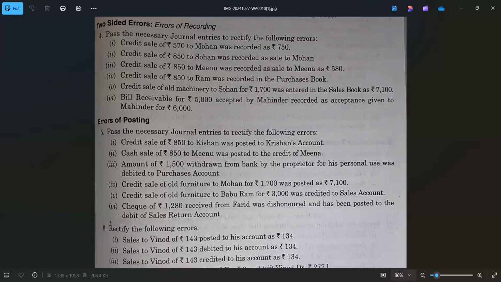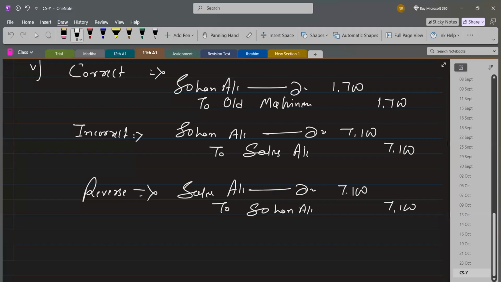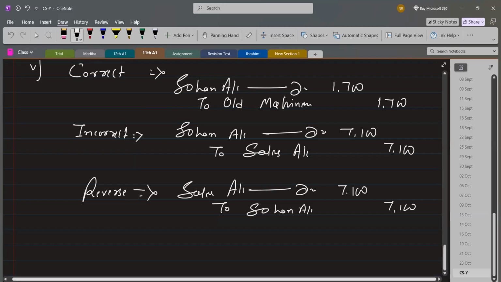Yes. Madhya, you tell me. Sohan account debit to sales account and to old machine.